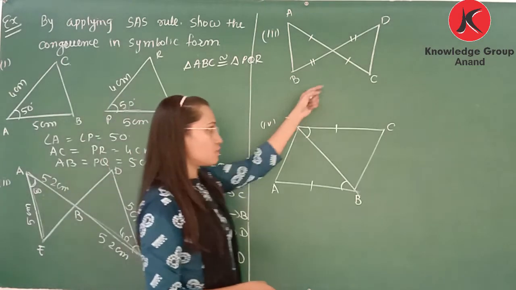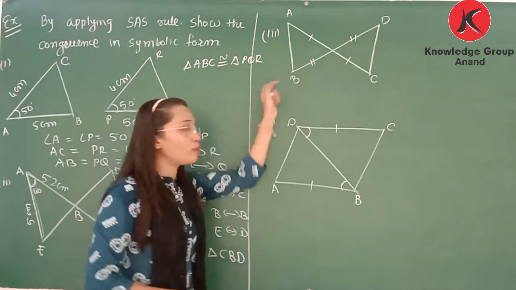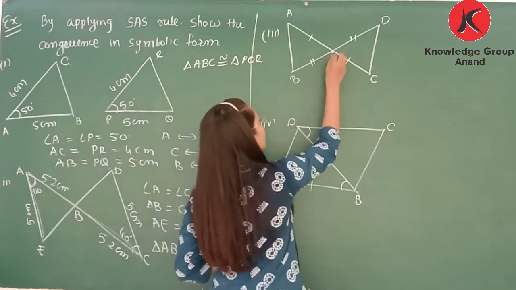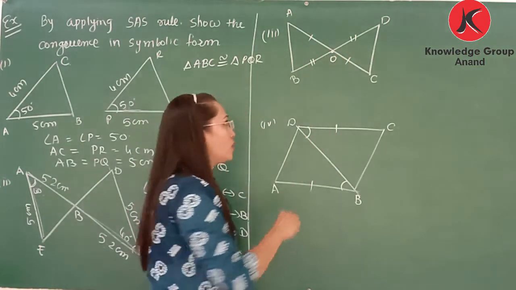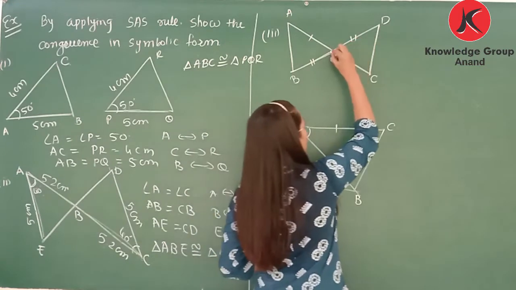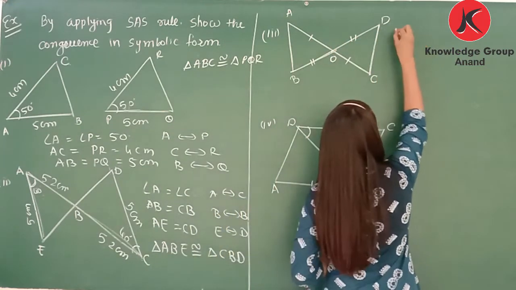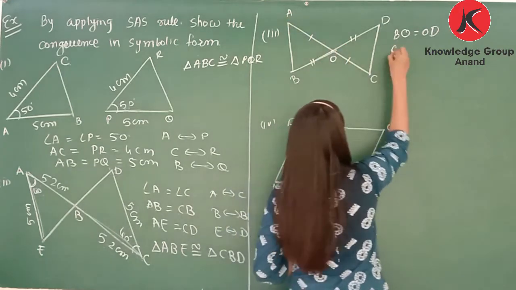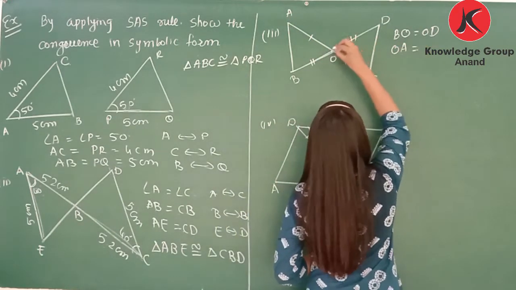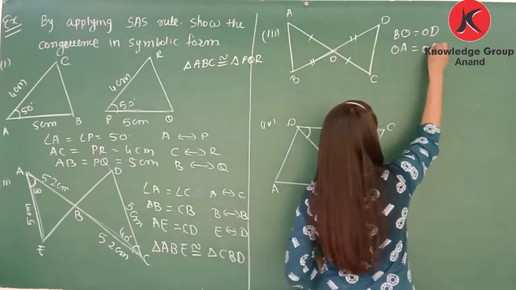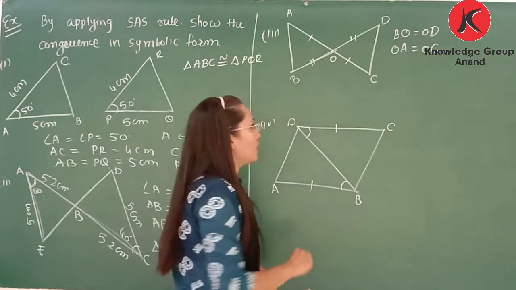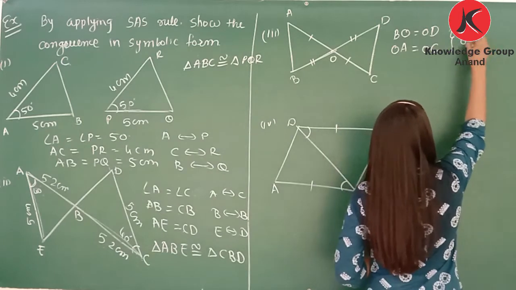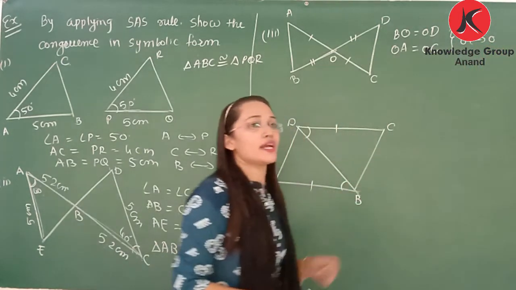Now next, this figure is given. Here no measurements are given but symbols are given. If we consider this as O, then BO is equal to OD and OA is equal to OC. Now two sides are equal.